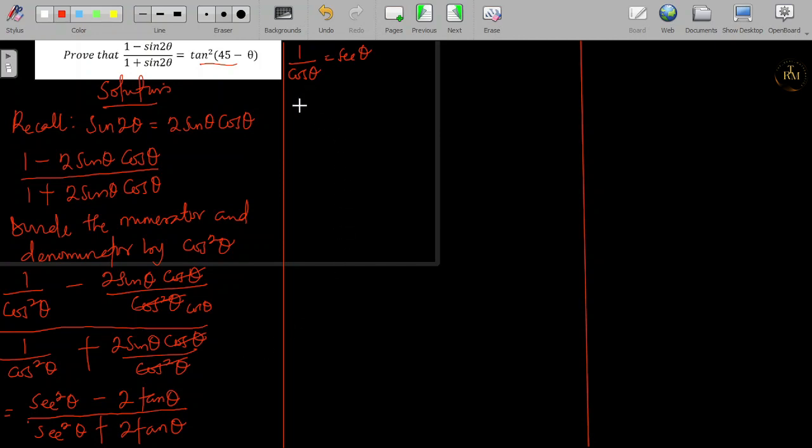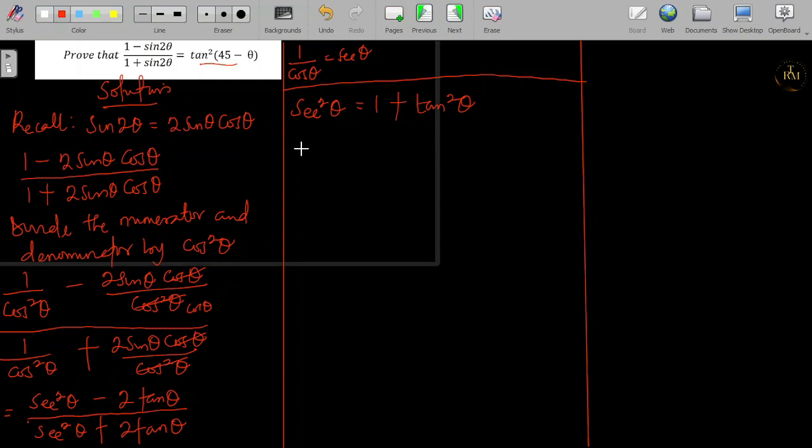So the next thing I'm going to do is to introduce a known trigonometrical identity, sorry, not ratio, identity. I know from our trigonometrical identities that sec squared theta is equal to 1 plus tan squared theta. So from this expression, I'm going to replace sec squared theta with 1 plus tan squared theta.